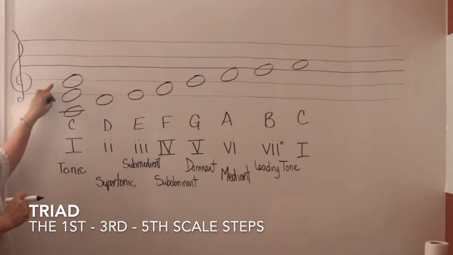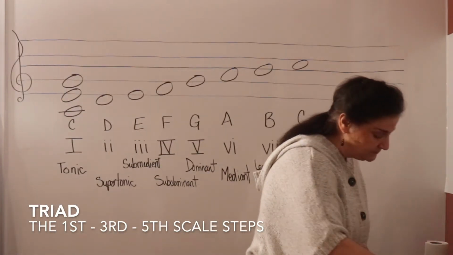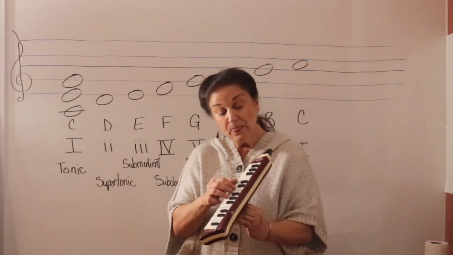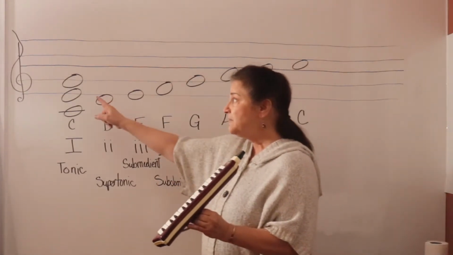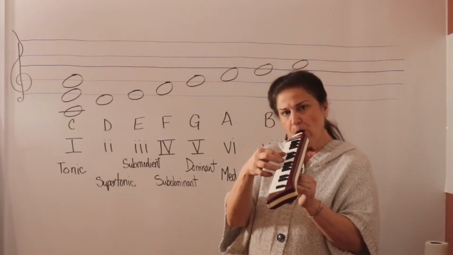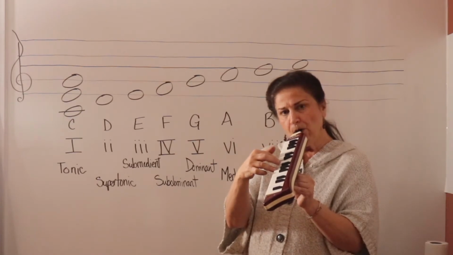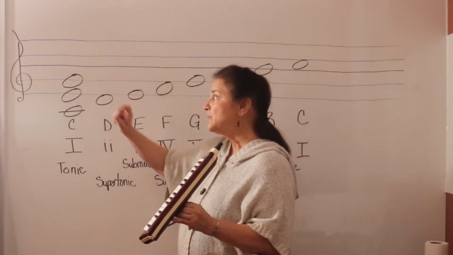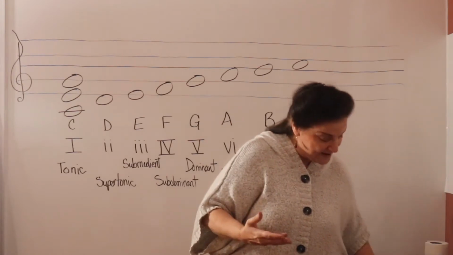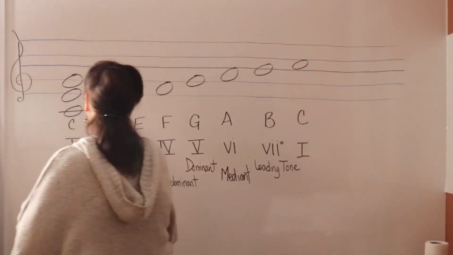That creates a triad. So if I were playing the note C, those other notes, the E and the G, blend with that note. Those two notes there. So building these triads based on the scale will look like this.